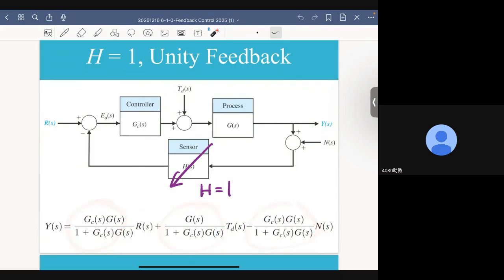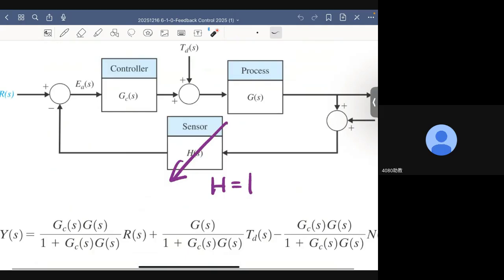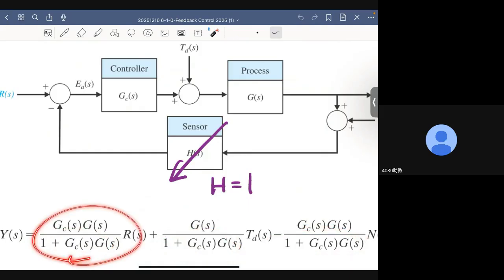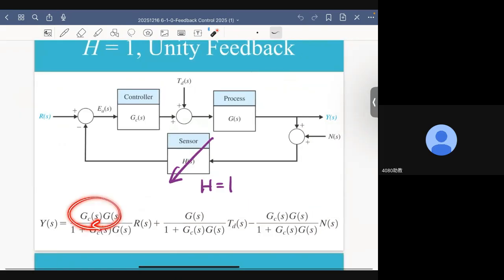As you can see from these three transfer functions, one common property is that they have the same characteristic polynomial, which means these three subsystems have the same poles. The difference, however, is in the numerator.